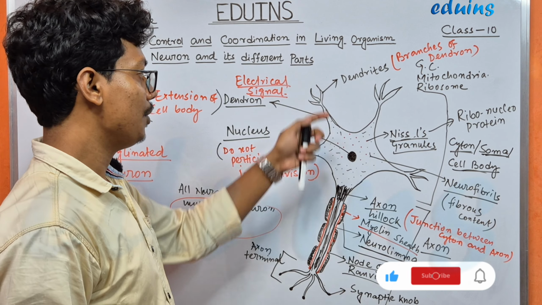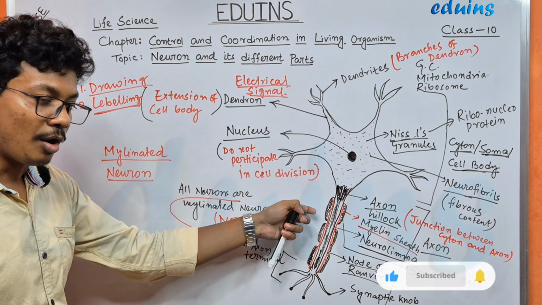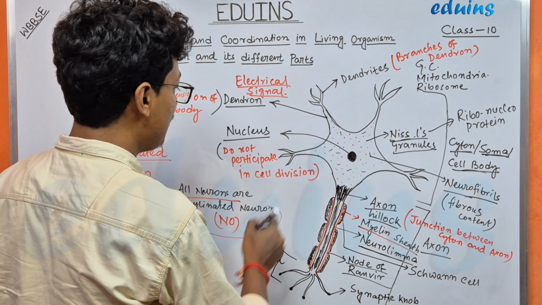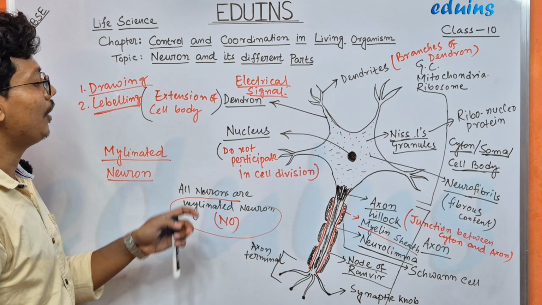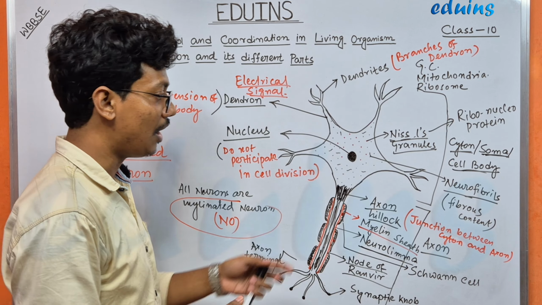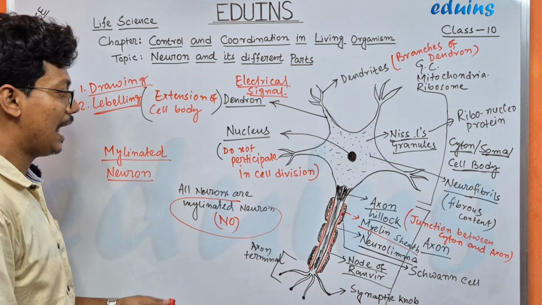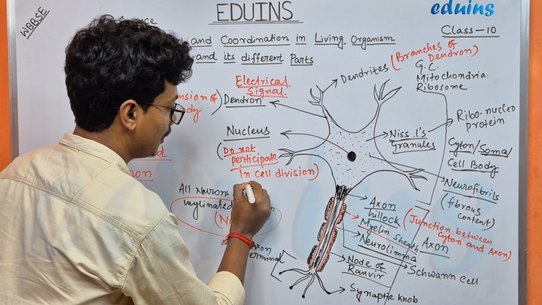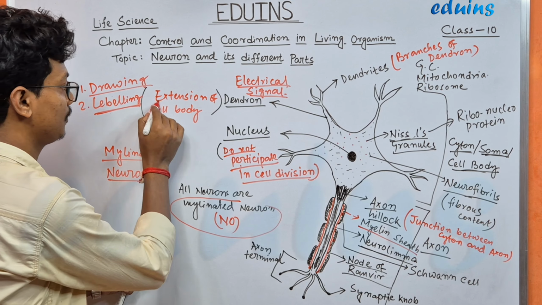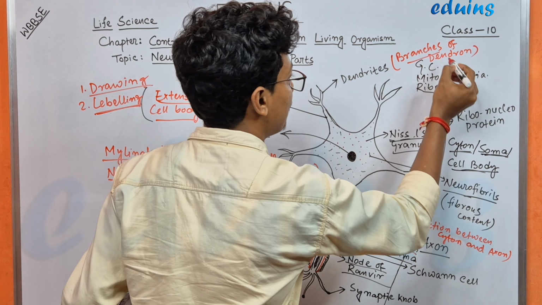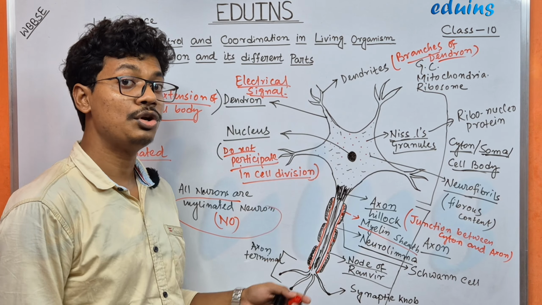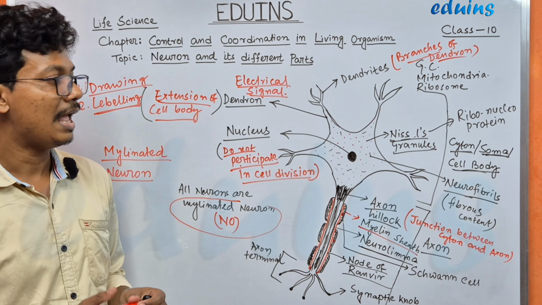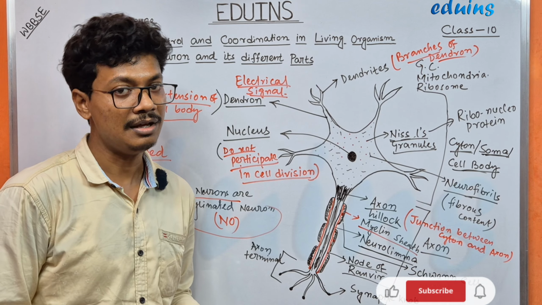So you have to practice it properly, which will help in your exam. These are the different parts of the neuron and their functions. The red colored portions I have presented are important for your short questions, MCQs, as well as fill in the blanks.